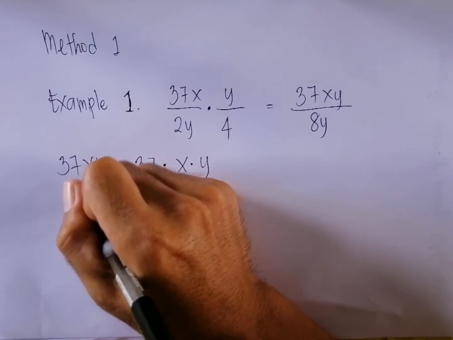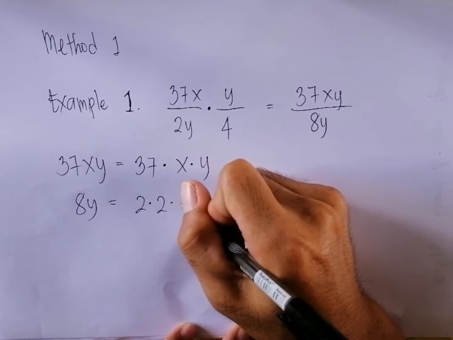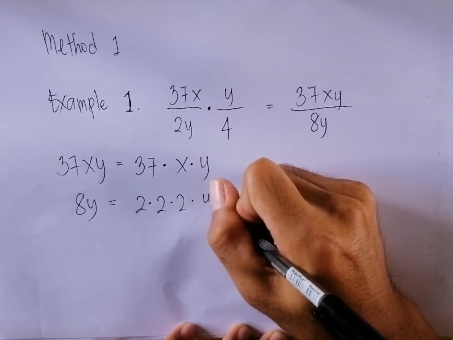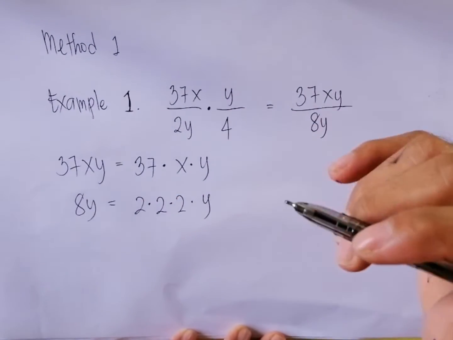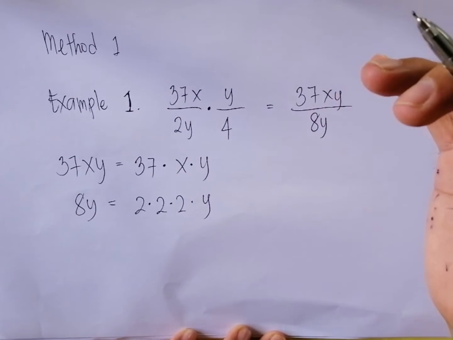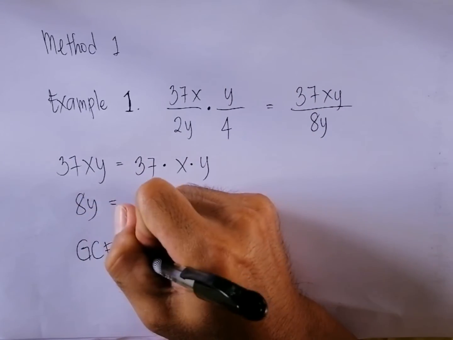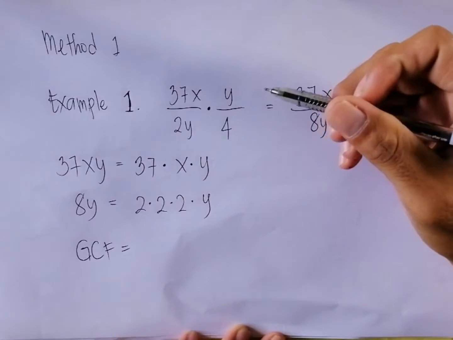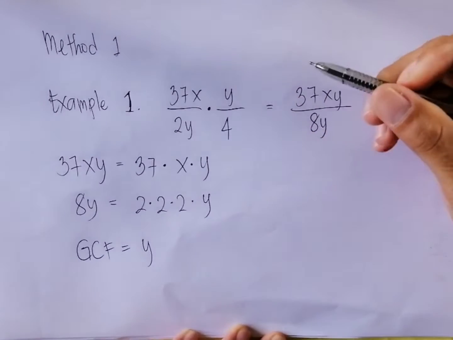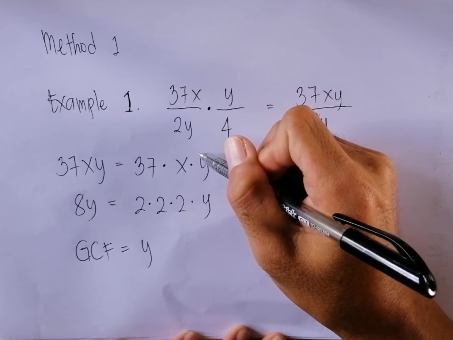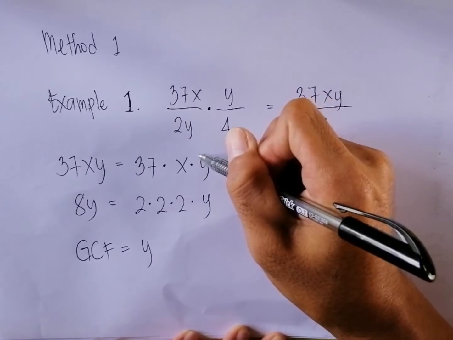And for the 8y, that is 2 times 2 times 2 times y. Then look for the common factors from the two groups of factors. GCF is equal to y, because the common factor for numerator and denominator is only y.